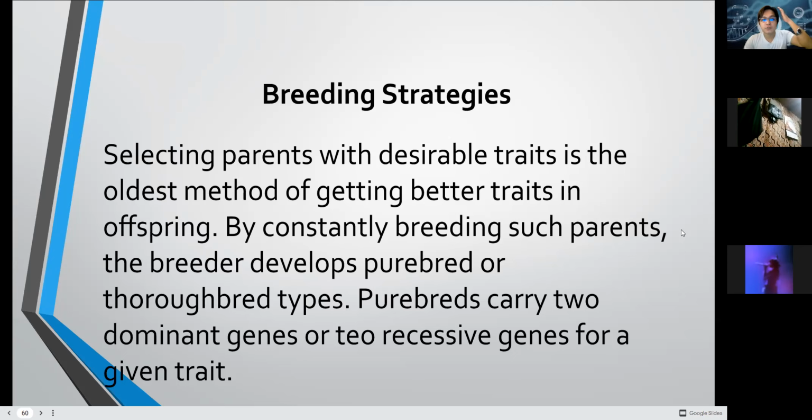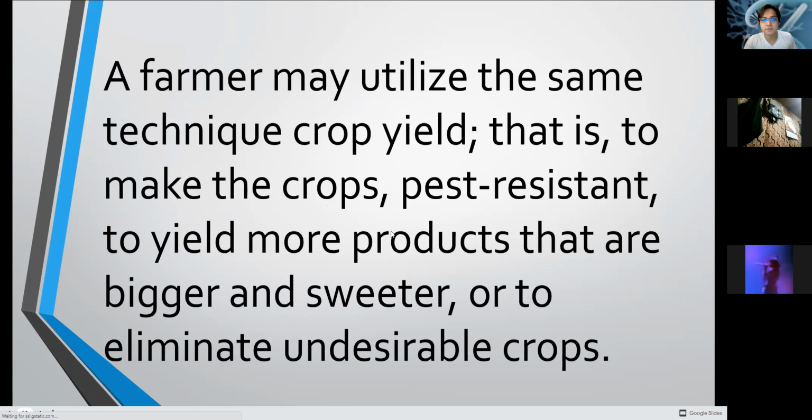Pure breeds carry two dominant genes or two recessive genes for a given trait. A farmer may utilize the same technique for crop yield, to make crops pest resistant, to yield more products that are bigger and sweeter, or to eliminate undesirable crops. This is actually happening now.